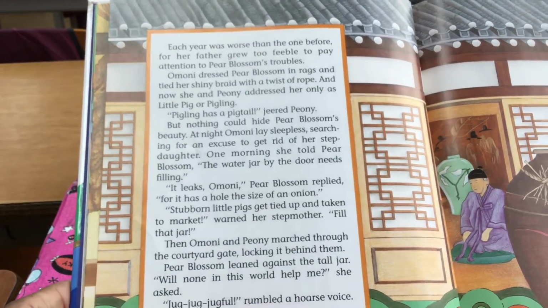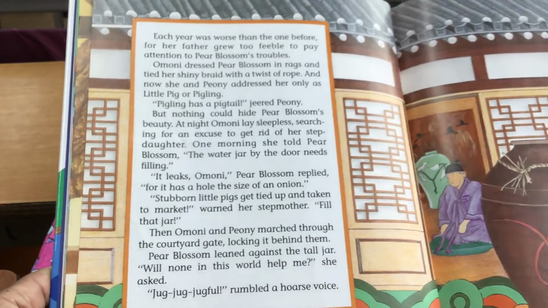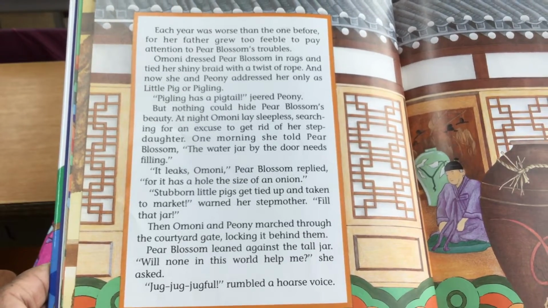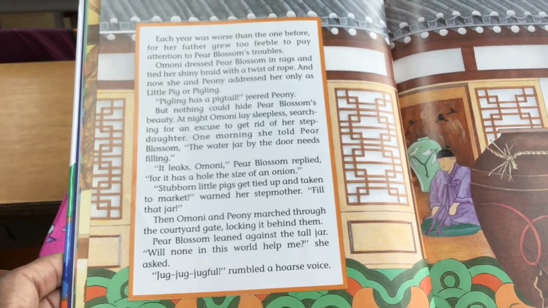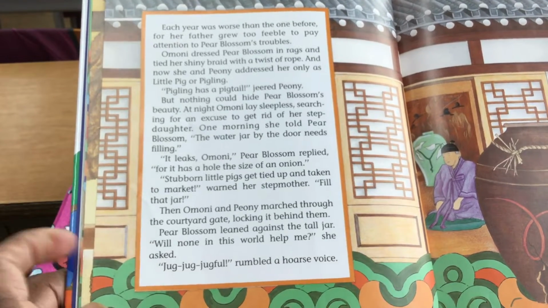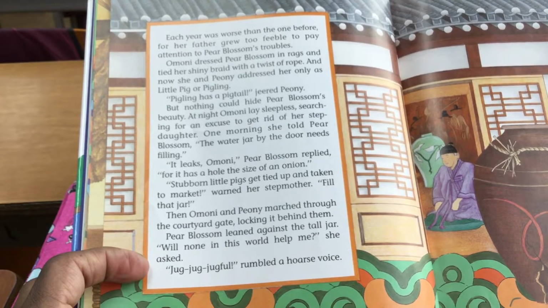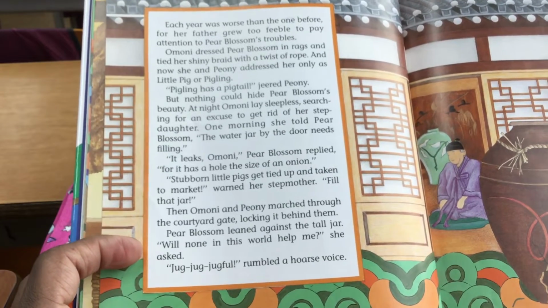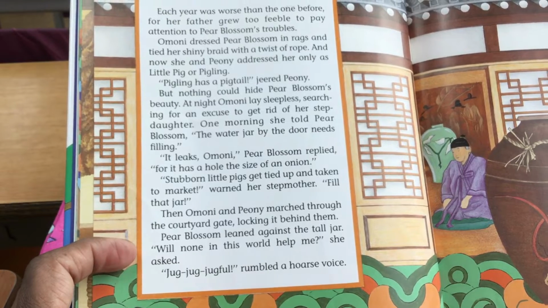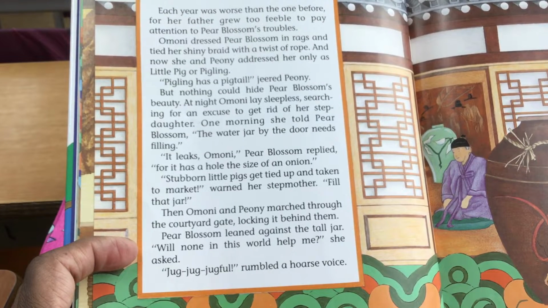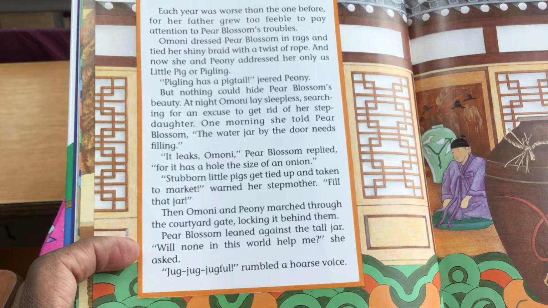Each year was worse than the one before, for her father grew too feeble to pay attention to Pear Blossom's troubles. Omoni dressed Pear Blossom in rags and tied her shiny braid with a twist of rope.